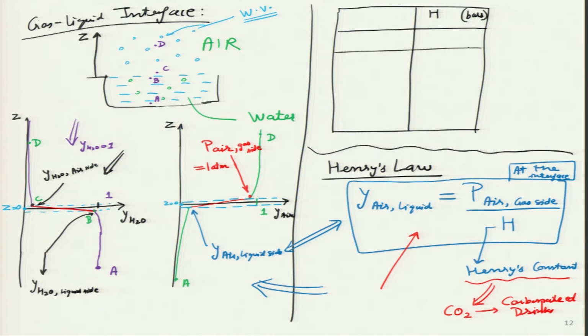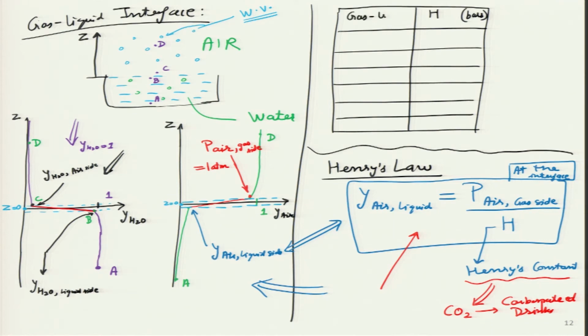These are the values which are available from literature, and these are the different gas-water pairs. When each of these gases is dissolved in water, let me put oxygen over here, then the H value for oxygen is about 45,000 bars.